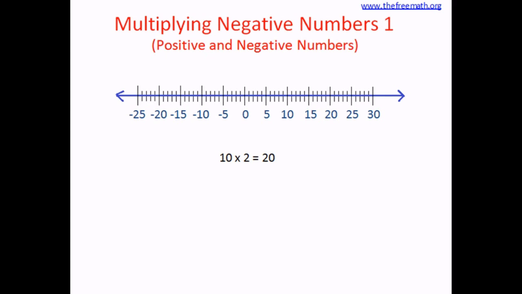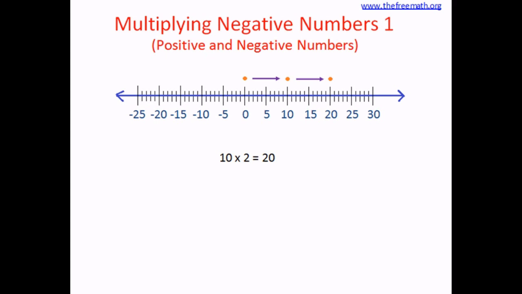What does 10 multiplied by 2 mean? 10 multiplied by 2 means 10, 2 times. So on the number line, you would go 10 steps 2 times. 10 means positive 10, and if it is a positive number, then you face right and go forward.